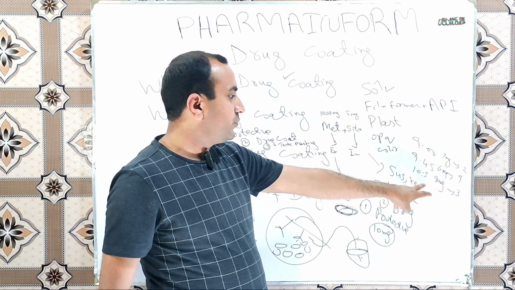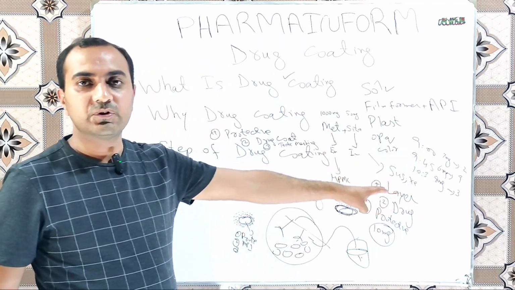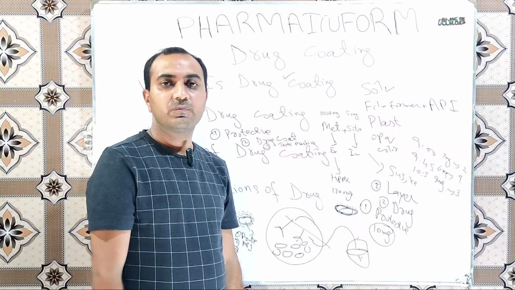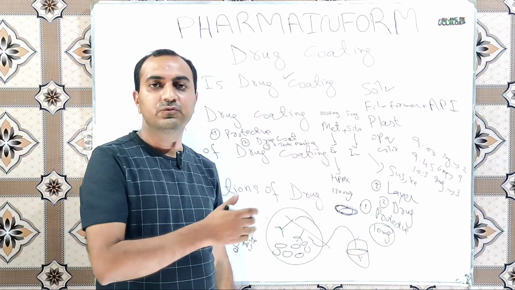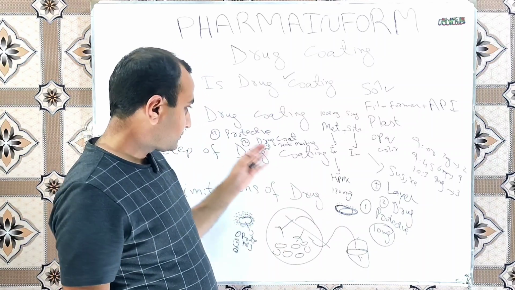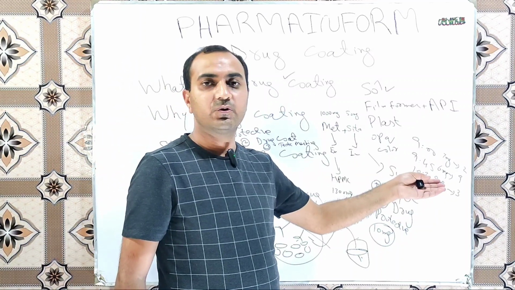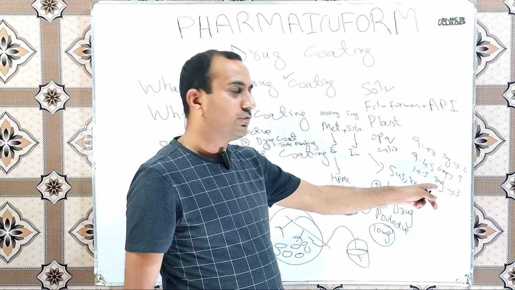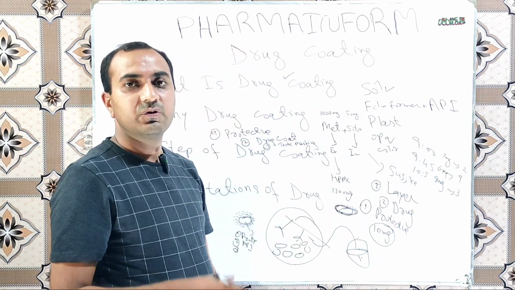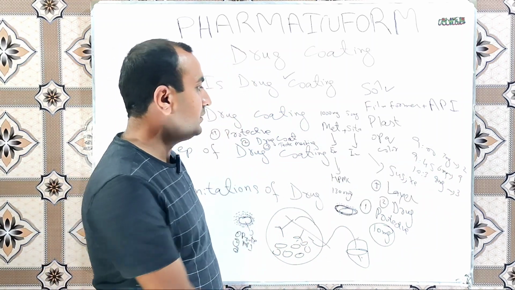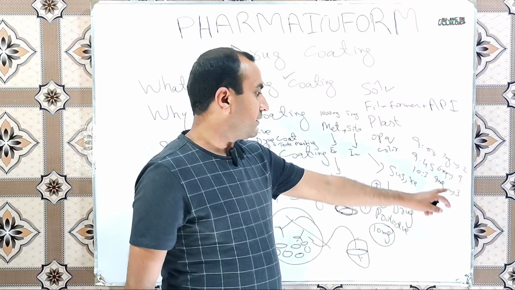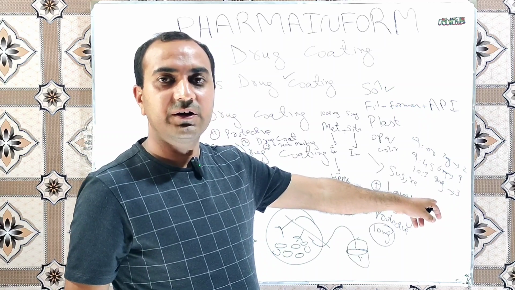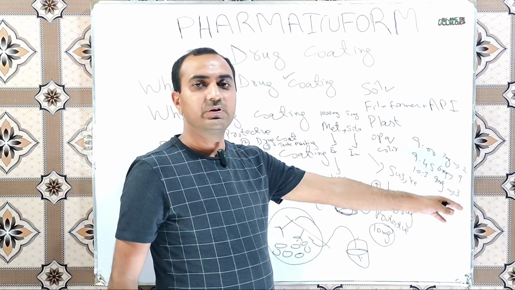So we must have a uniform pattern of drug deposition over the tablet surface, so that it will result in content uniformity. And when we perform analysis, assay or dissolution for our coated tablets, if our pattern is uniform, the dissolution or assay content uniformity results will be uniform. So an irregular pattern, wherever it is observed, must be rectified, because content uniformity will not be ensured in this situation.